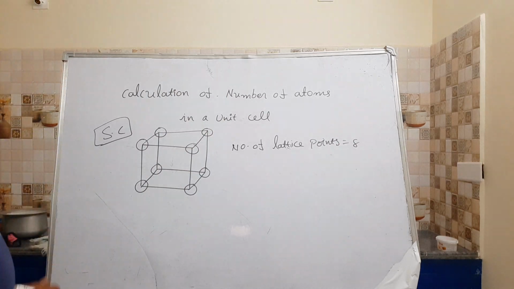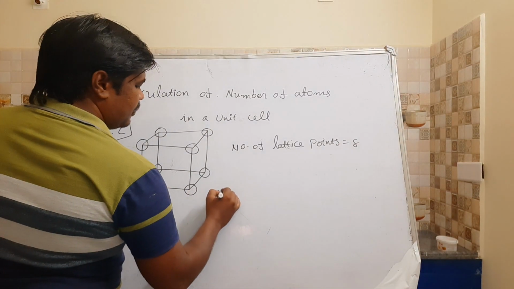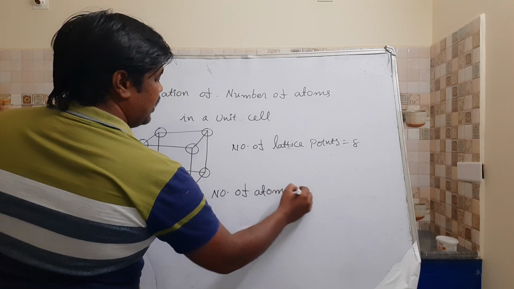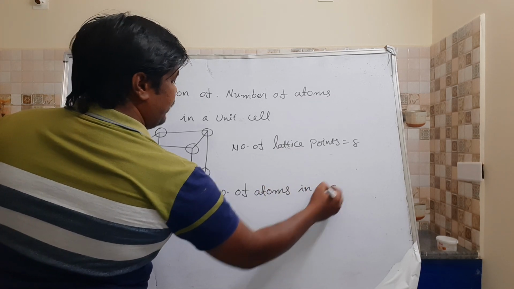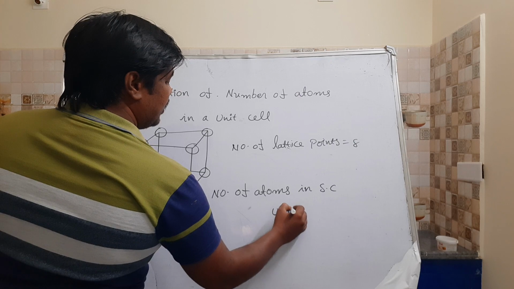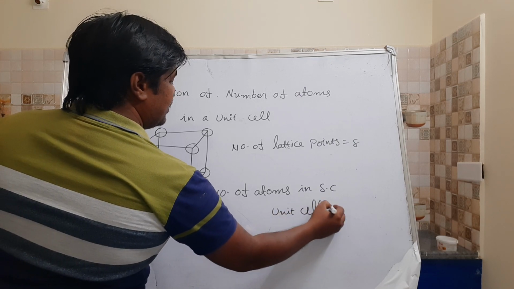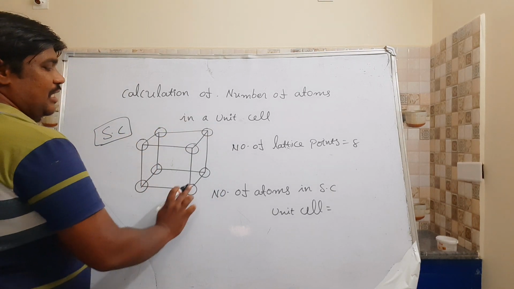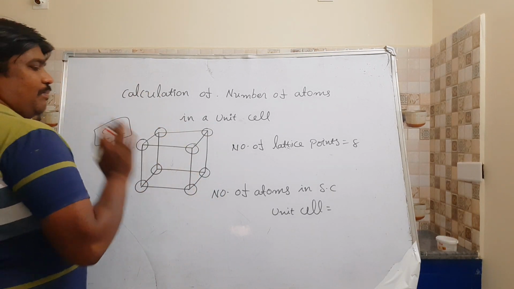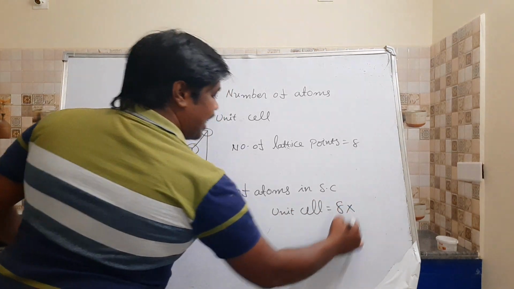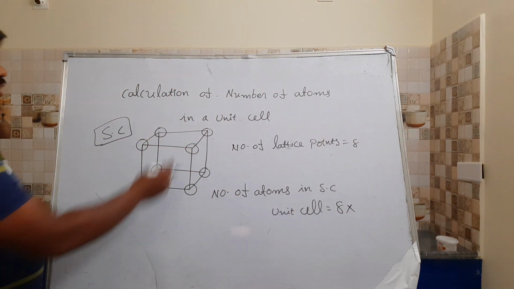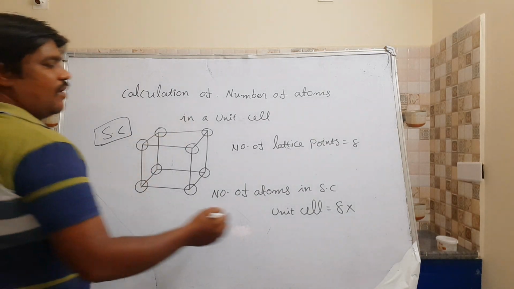So what is the number of atoms in a simple cubic unit cell? How many corners are there? Lattice points are just at the corners in a simple cube. So 8 lattice points are there in 8 corners, and each contribution towards this unit cell is 1 by 8.